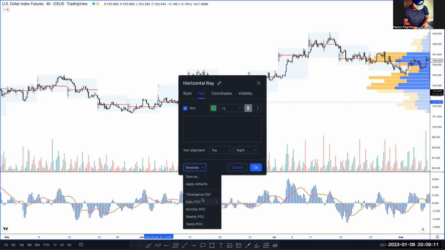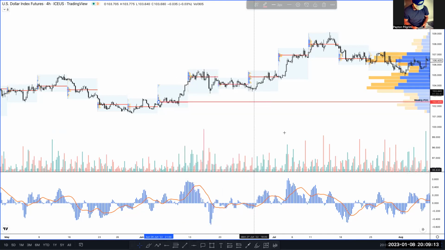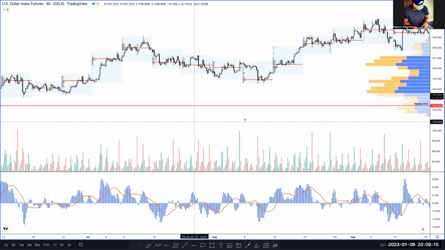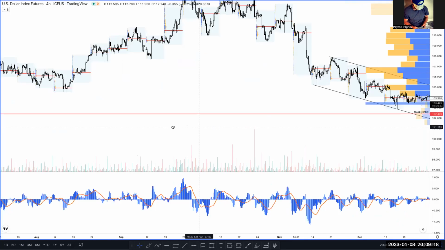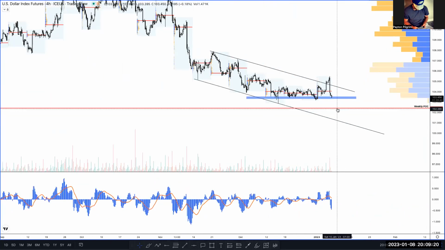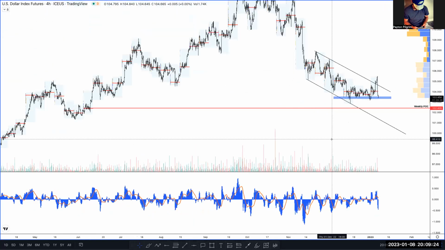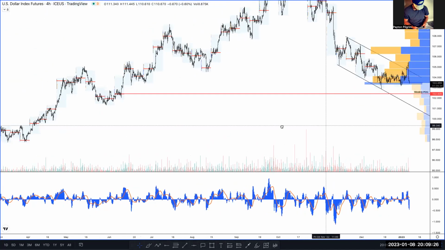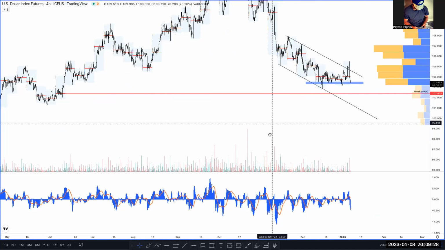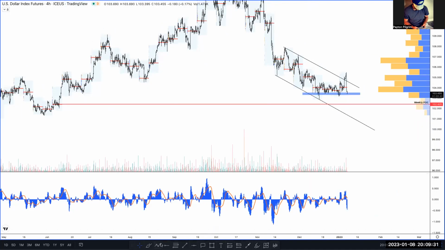Let's see if I have a weekly point of control right here. And so if the market comes down into this area, we could possibly watch for it to do some type of fake move. And if it doesn't hold there, this would be the fake move, right? This would be the psych. And if it comes back into that, we could look for buys.